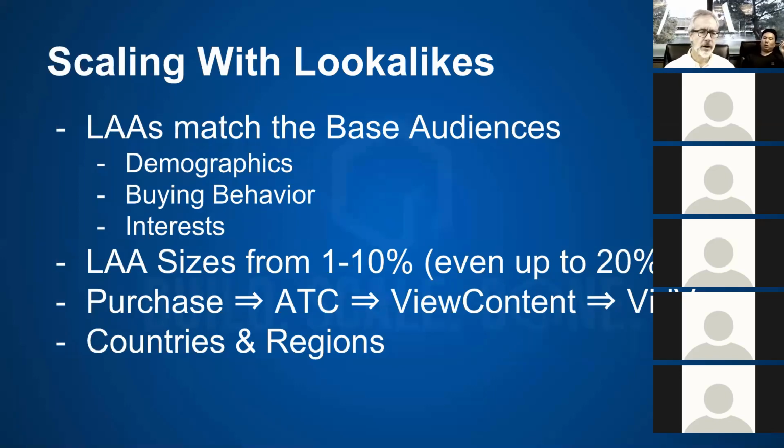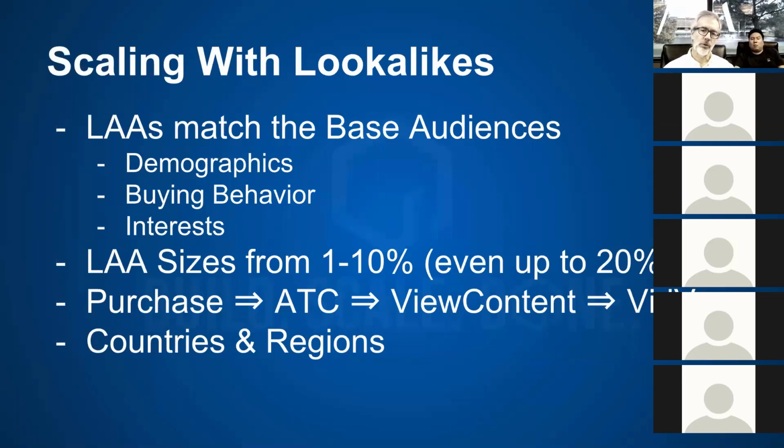Association, maybe, is the group of European countries that are together in the European Union. And with that, you can build really large lookalike audiences and expand your reach into different areas in the world.